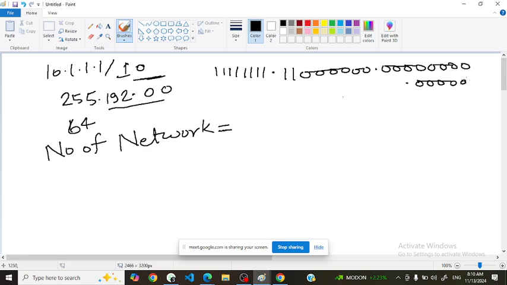In the last octet also, all off. So what is the formula?